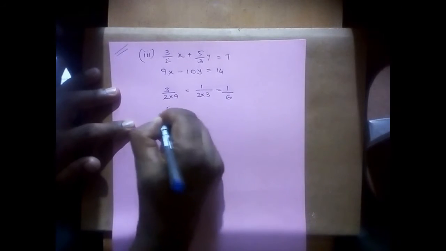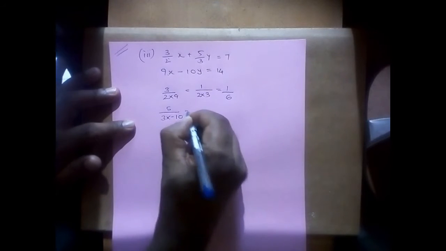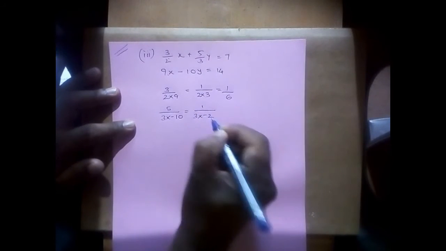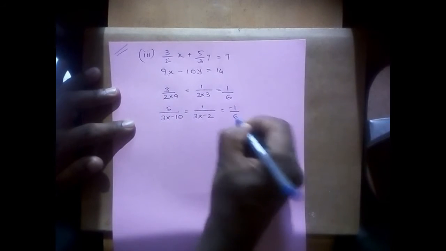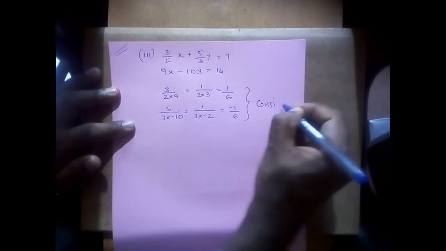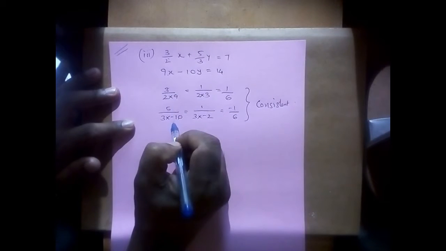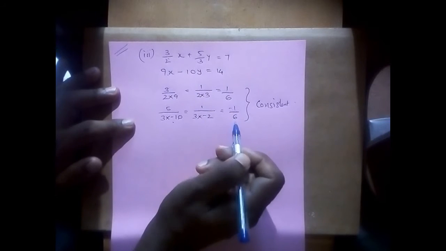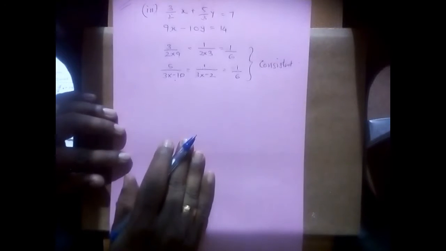Again 5 by 3 into minus 10, so that is equal to 1 divided by 3 into minus 2, cutting with 5, so I am getting minus 1 by 6. Hence this pair is consistent because A1 by A2 is not equal to B1 by B2. Here the sign is different. Okay, so this pair is consistent.